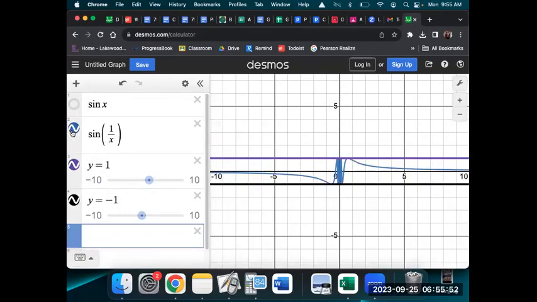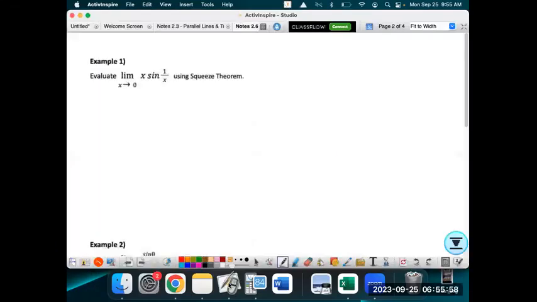So if I'm just looking at sine of 1 over x, I could use an upper function of 1 and a lower function of -1. And it is equal to 1 at one point and -1.